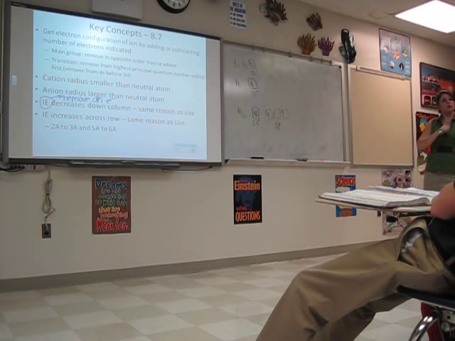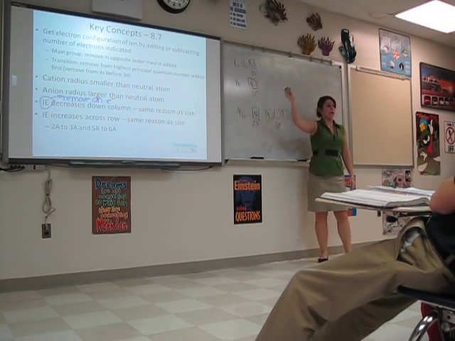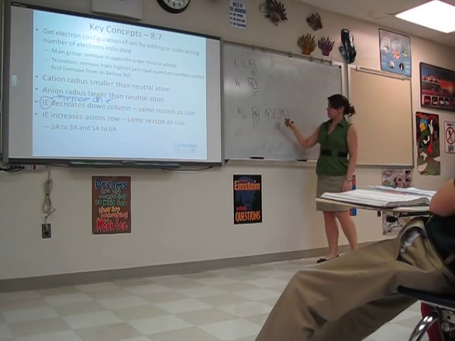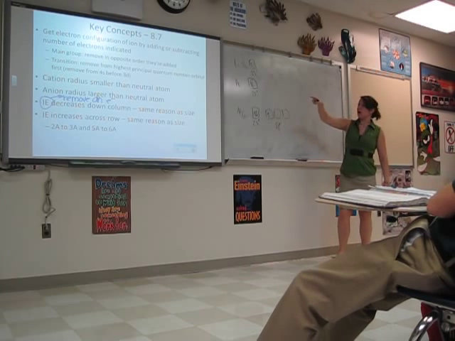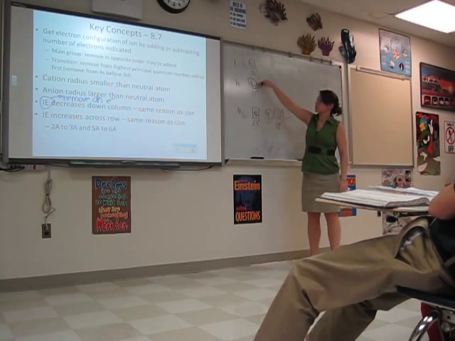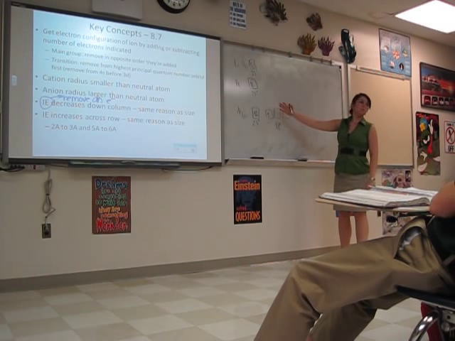It's not penetrating into the 1s as much, so they're a little bit easier to pull off. They don't spend as much time close to the nucleus. And that's true all the way down the 3A column when you're comparing it to a 2A. That extra p1 electron is a little bit easier to pull off than this s2 electron would be. So the ionization energy goes down a little bit when you hit the 3A column, and then starts going up again after that.